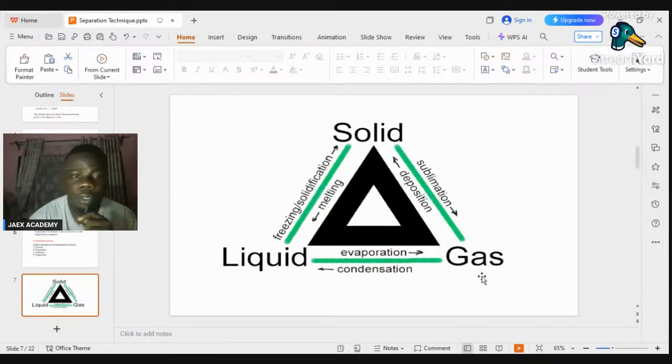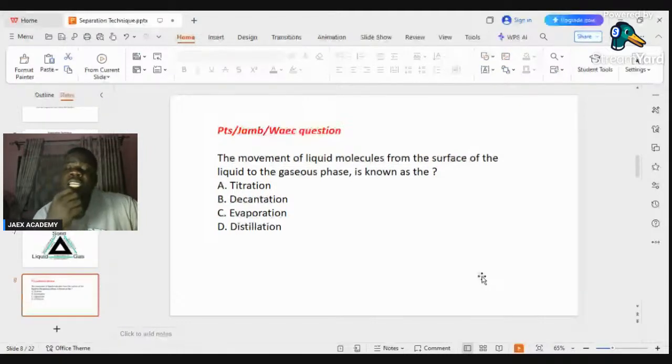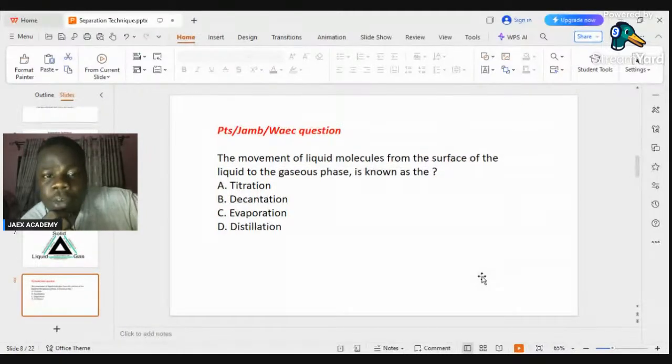Now moving forward, this is another question for the nursing students, Jambites, WAEC students as well. The movement of liquid molecules from the surface of the liquid to the gaseous phase is known as dash.